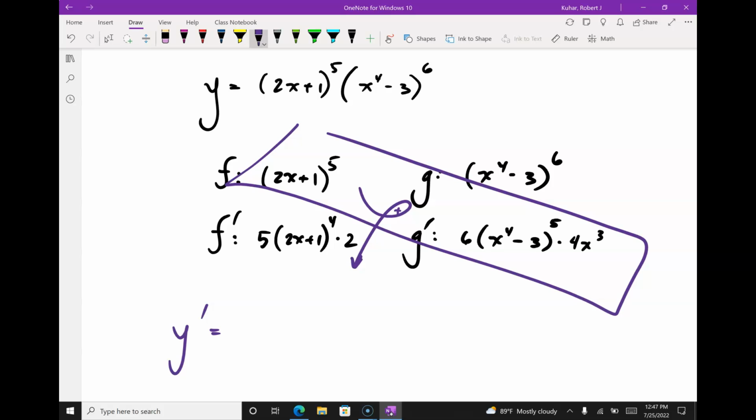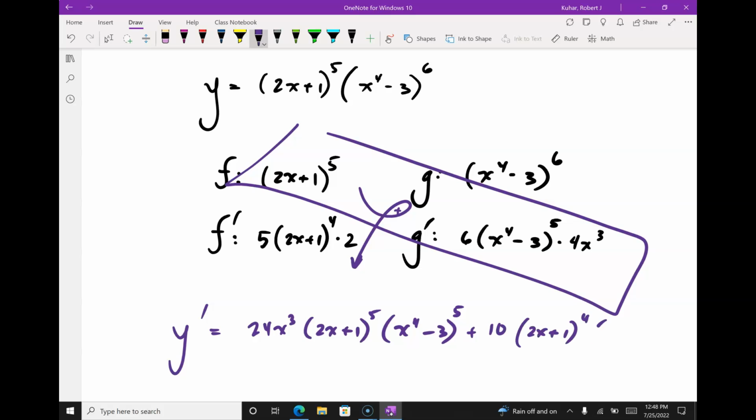So it looks like 24x cubed times (2x plus 1) to the 5th times (x to the 4th minus 3) all to the 5th. Everyone agree? Plus 10 times (2x plus 1) to the 4th times (x to the 4th minus 3) all to the 6th.